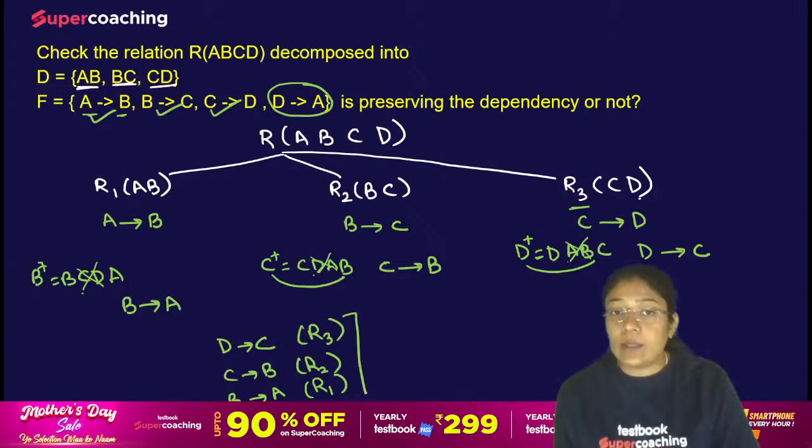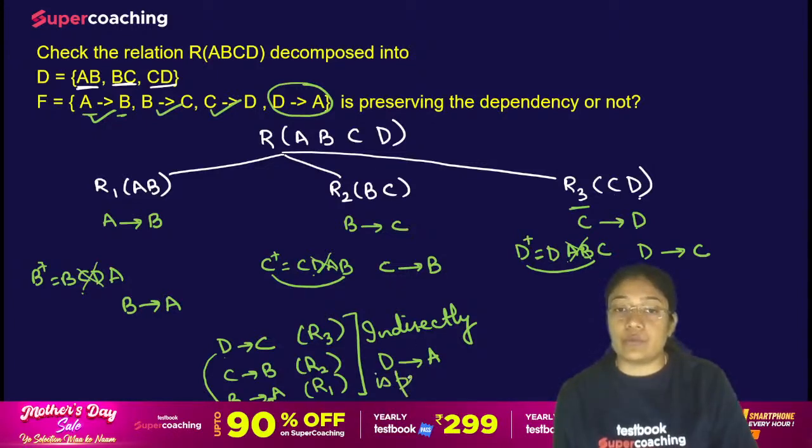So indirectly we can say that D determines C, C determines B, and B determines A. So we can say that indirectly D is determining A. D determines A is preserved.